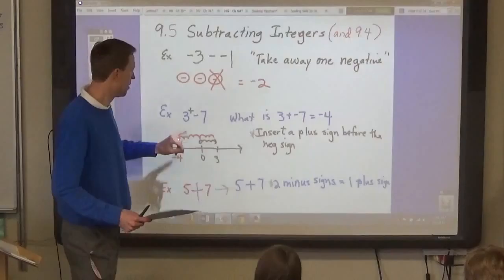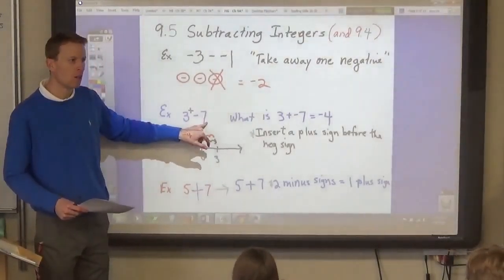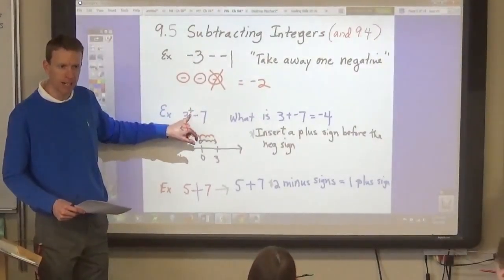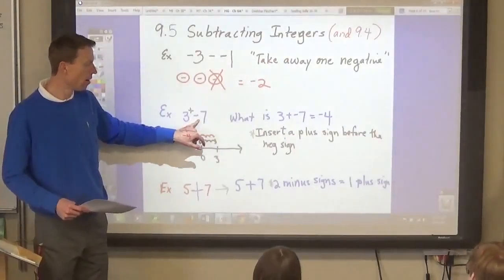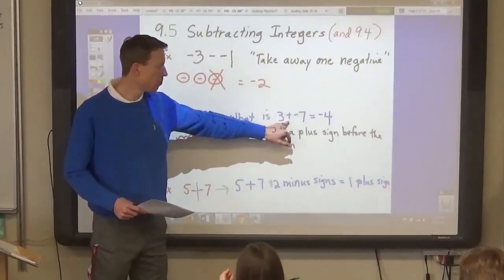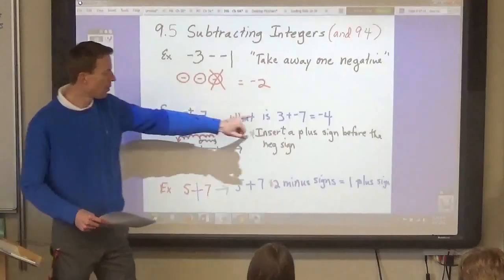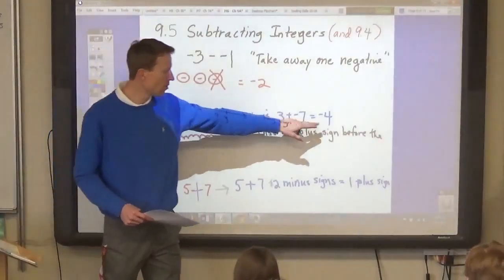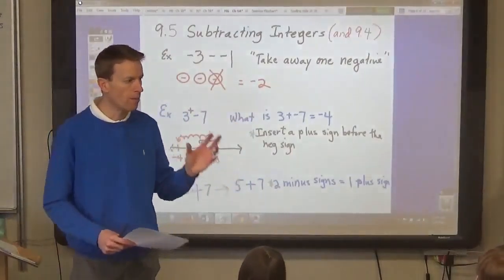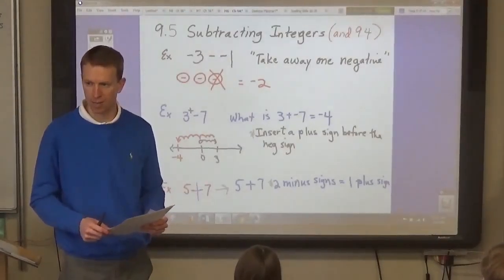So if it says 3 minus 7, you can insert a plus sign in front of the minus sign, so that it's rewritten as 3 plus negative 7. 3 minus 7 and 3 plus negative 7 give you the same answer. But it's easier to remember how to add positives and negatives than it is to learn to subtract them.